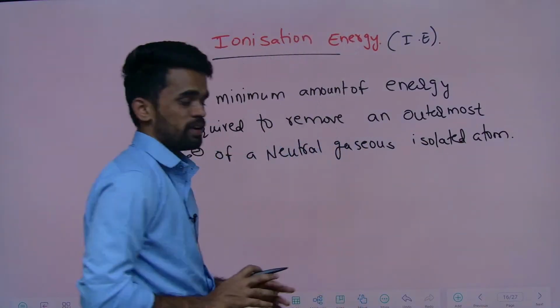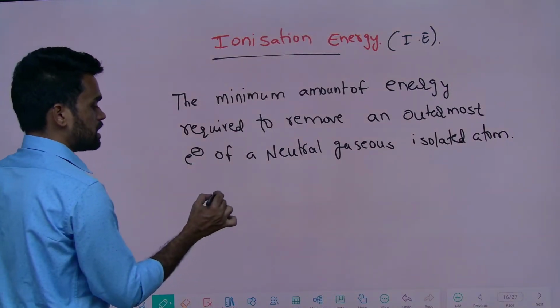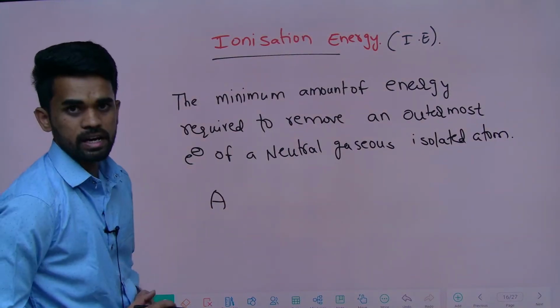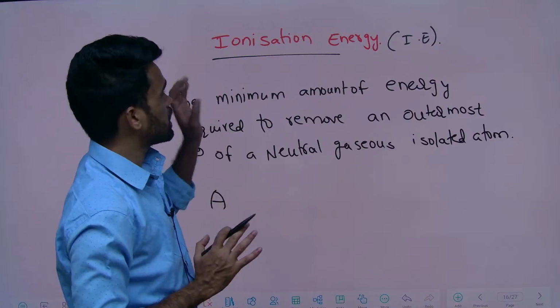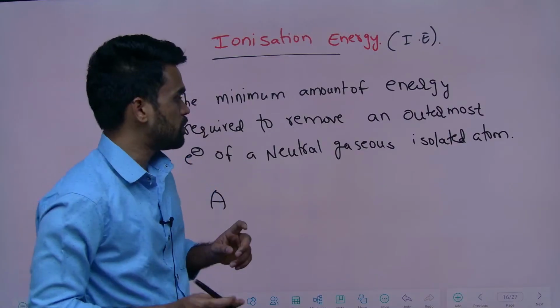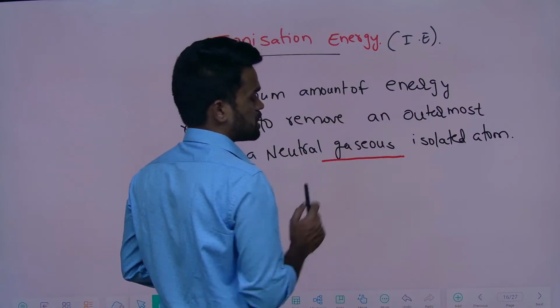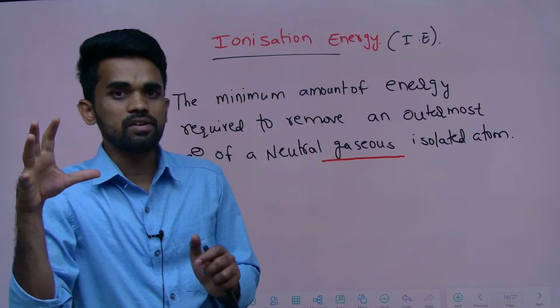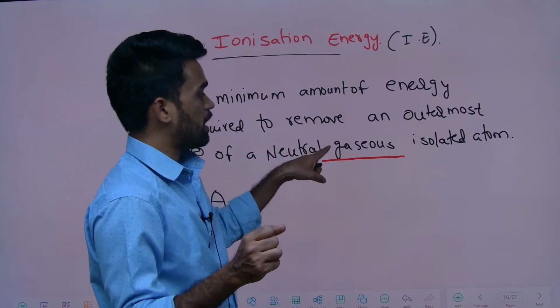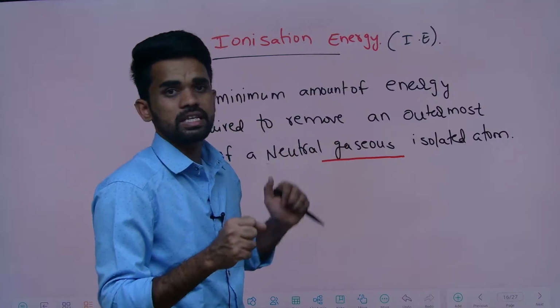It means, for example, elements can exist in any physical state, but when I am speaking about ionization energy, it must be in which form? It must be in gaseous form. It means first you convert the given element into its atomic form and also into its gaseous form.